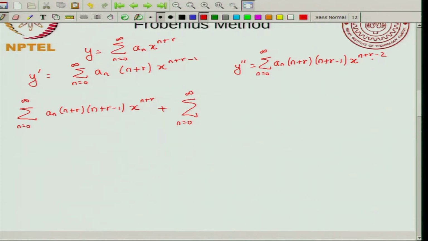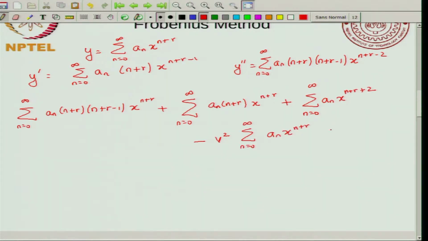Similarly x y prime is y prime multiplied by x, so I have plus the sum of a_n (n plus r) x raised to n plus r. And then the x squared term will look like the sum over n equal to 0 to infinity of a_n x raised to n plus r plus 2, and minus v squared times the sum over n equal to 0 to infinity of a_n x raised to n plus r, equal to 0. So this is our equation.